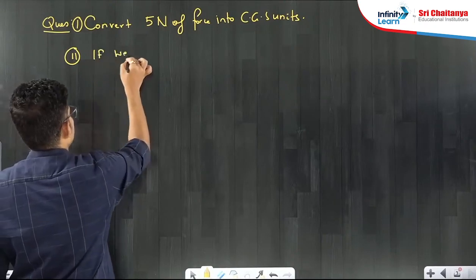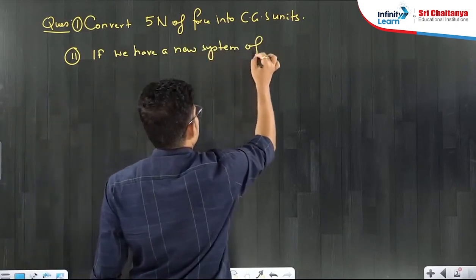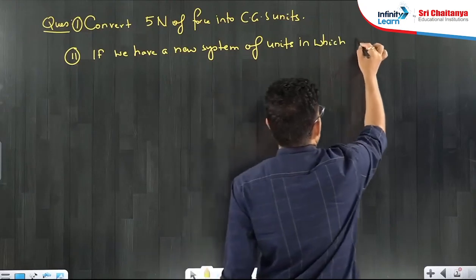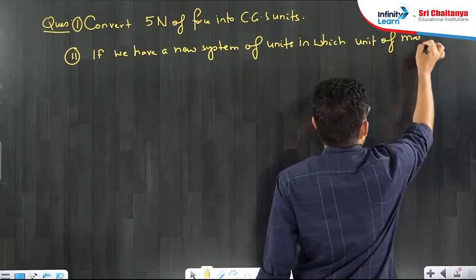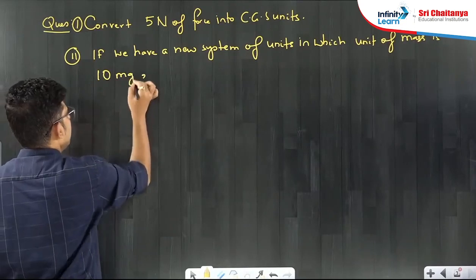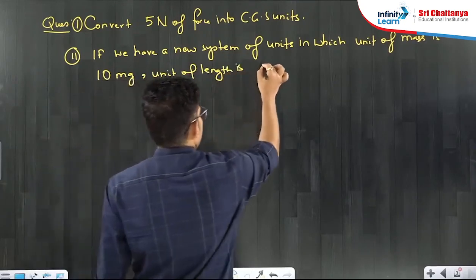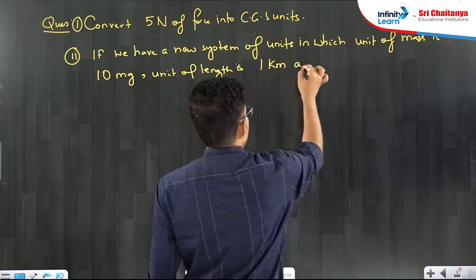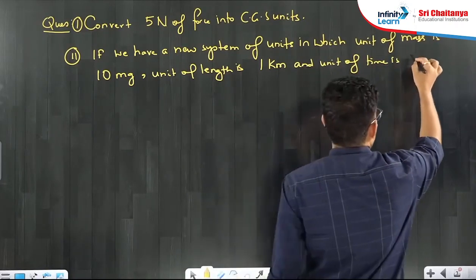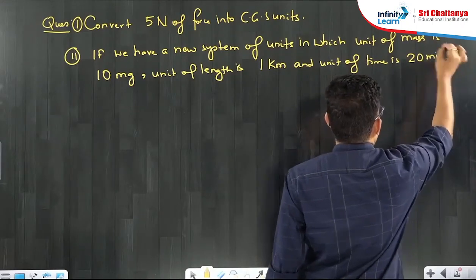Second, suppose we are taking a new system of units in which the unit of mass is 10 milligram, the unit of length is 1 kilometer, and the unit of time is 20 minutes.